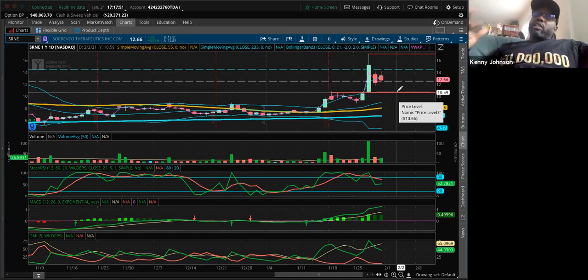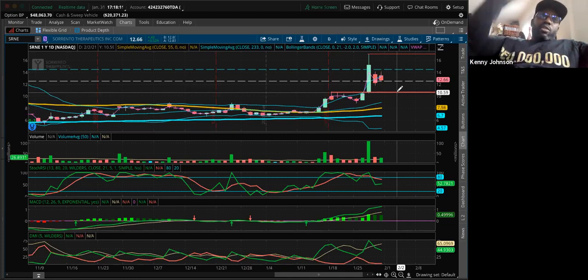So that's how, when you're looking at these charts, the most important thing on any chart, even to me, more important than the Bollinger Bands, is knowing where your support and resistance is. Because that's going to let you know, okay, where's the glass ceiling or the glass floor? They won't let me go past the ceiling.